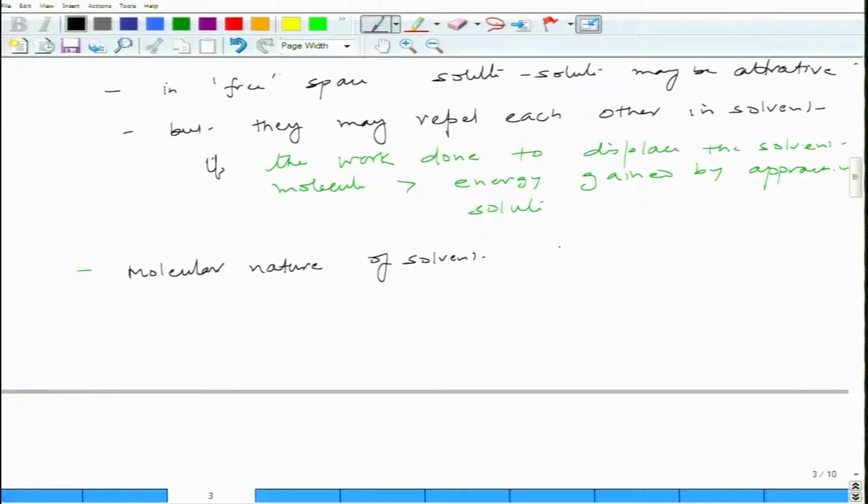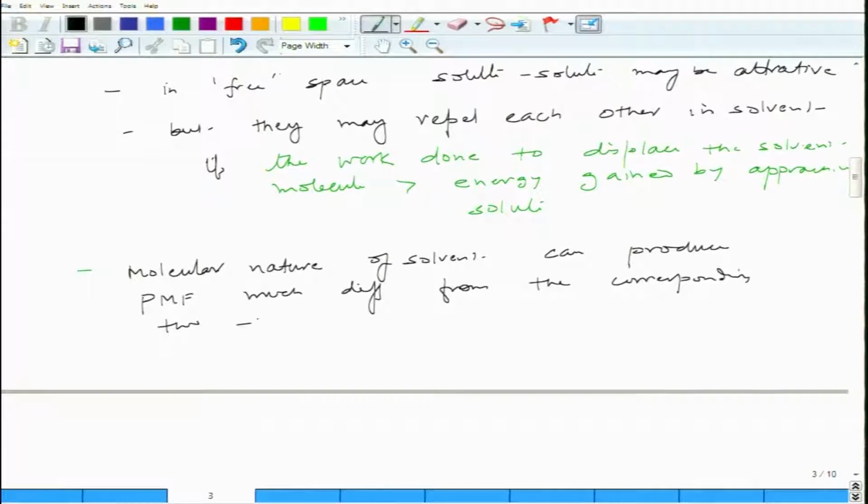So that means the molecular nature of the solvent can produce a PMF much different from the corresponding two body potential in vacuum. This is something which is already clear in this discussion.